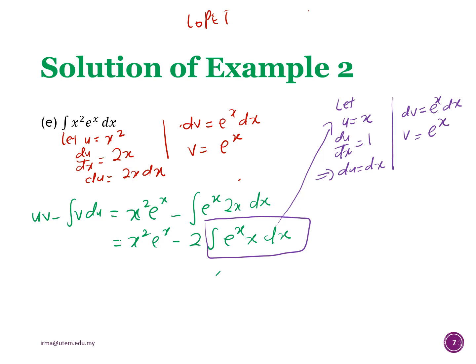So by using the same formula, we will have uv minus integrate v du. x exponent x minus integrate v, which is exponent x, and replace du with dx only. So now we have the simple integration, which is just integrate exponent x, so you can directly integrate the function.